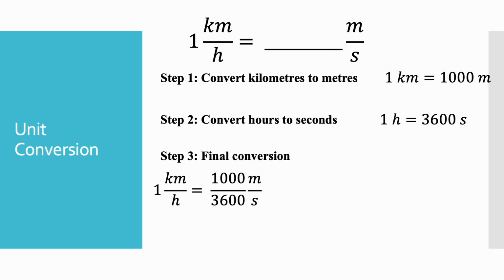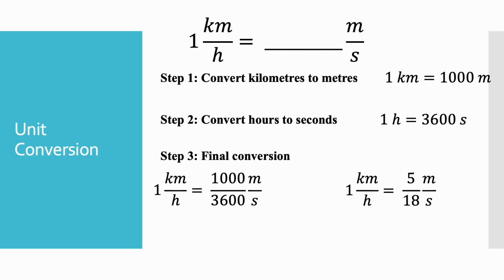So now we have 1 kilometer per hour is equal to 1000 meters per 3600 seconds. 1000 meters divided by 3600 seconds. So on simplifying, we get 1 kilometer per hour is equal to 5 by 18 meters per second.